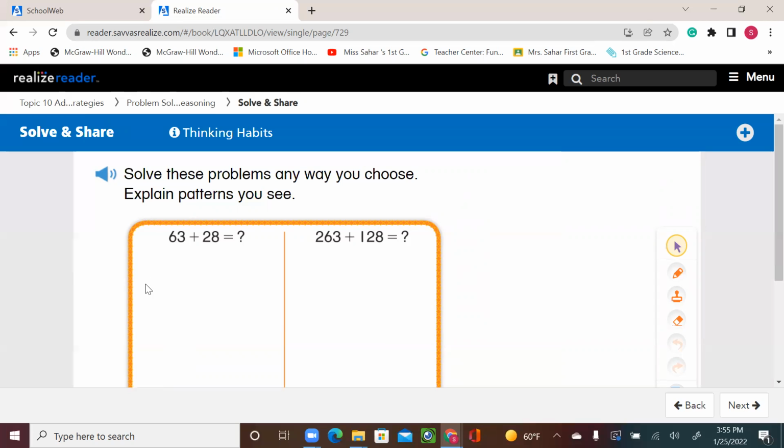Okay, so let's do this, and we can use any strategies you like. If you like to use the open number line, you can use the number line. If you want to use the place value blocks, you can do that, or we can use the partial sums. All right, so I'm going to use the partial sums here, but you can use any strategy that you like.